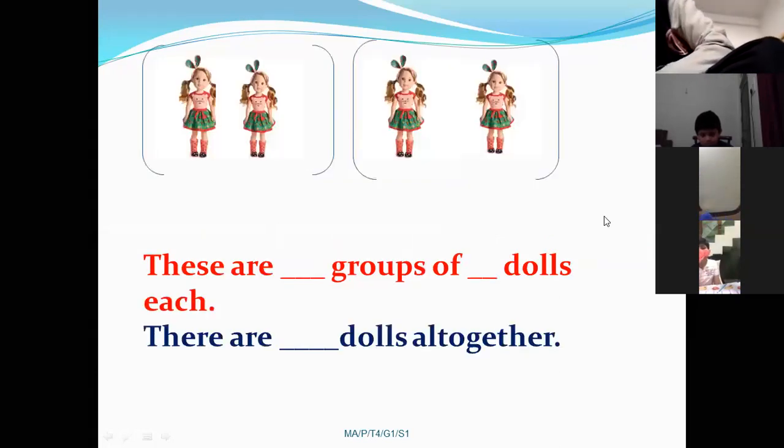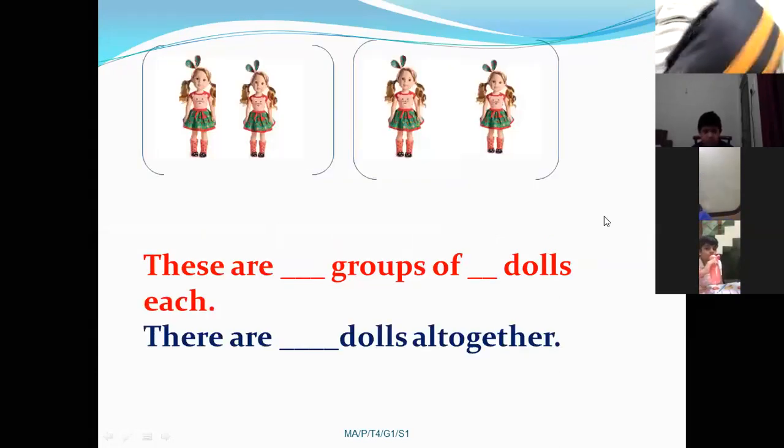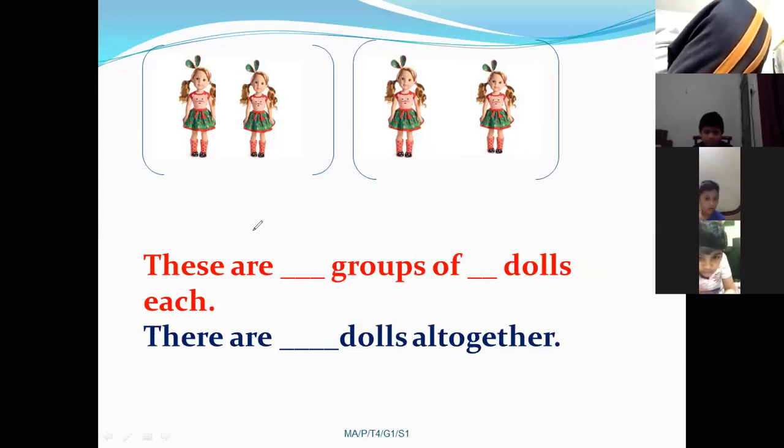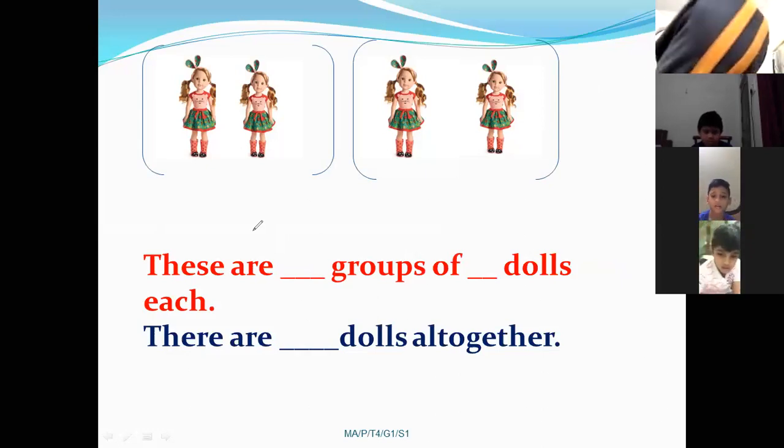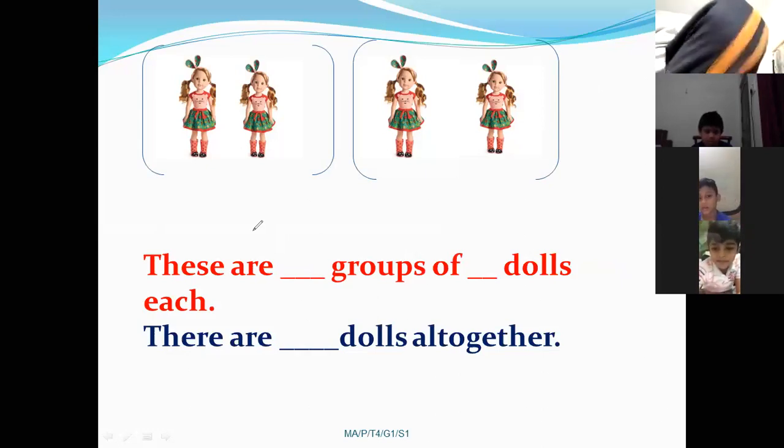Now, next. Suryansh, you tell me how many groups are there? Yes, Suryansh, how many groups are there? 4. No. Groups you have to tell first.